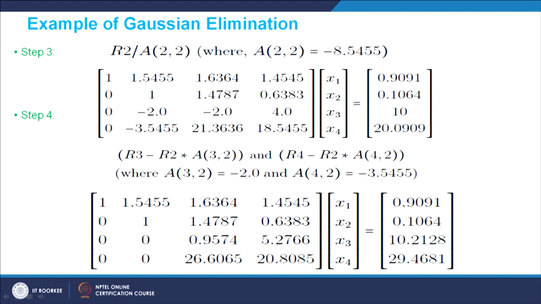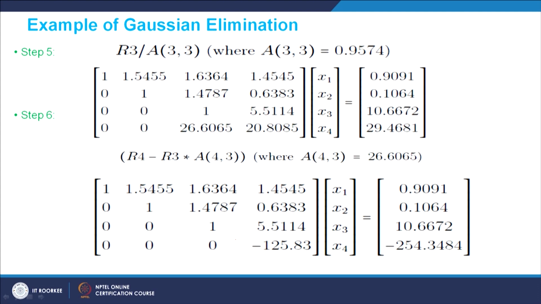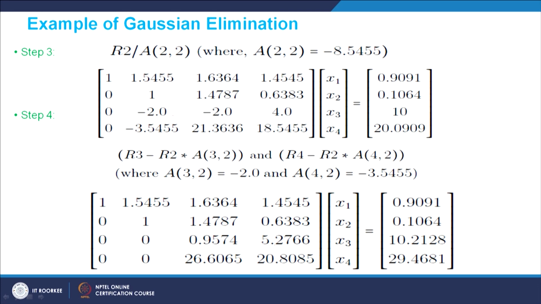In the next stage, we will simply divide this entire row by 0.9574. Once we divide this entire row by 0.9574, we get unity and something here and something here, because 5.27 divided by 0.9574 will be more than 5.27.